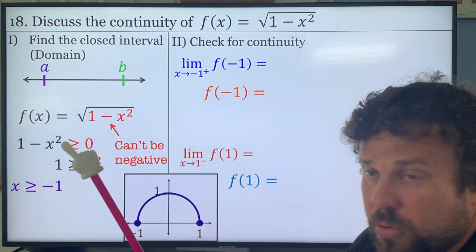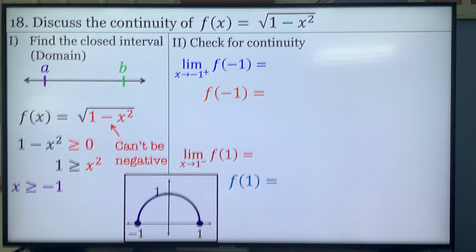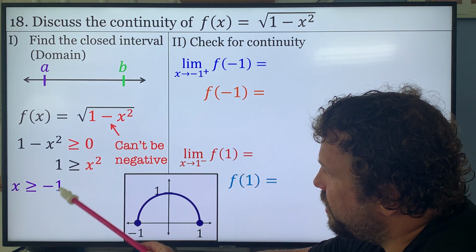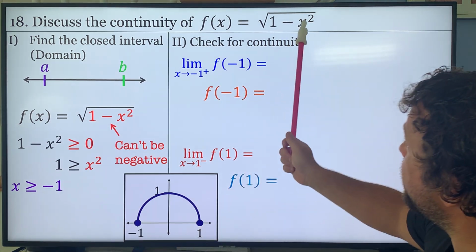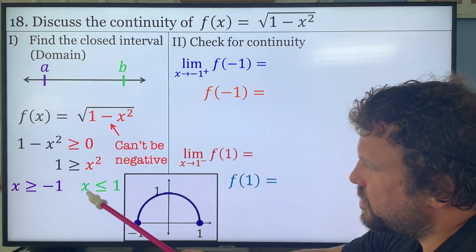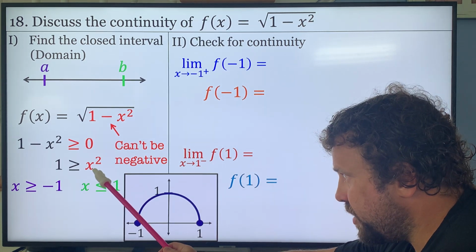I'm just going to reverse the order, because that's typically how you write it. You put the variable first. So that means x can be anything greater than or equal to negative 1. That's my domain, any number I can plug in there. Is that always true? No. It's also that x has to be less than or equal to 1, because I'm doing a square root right here.